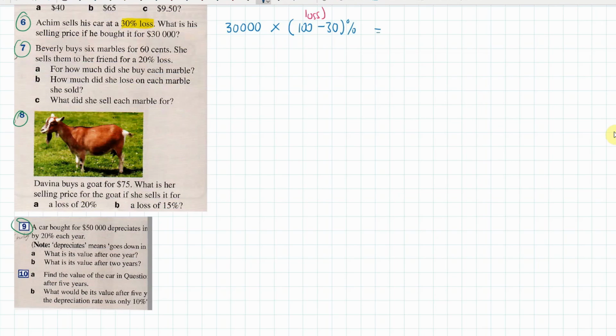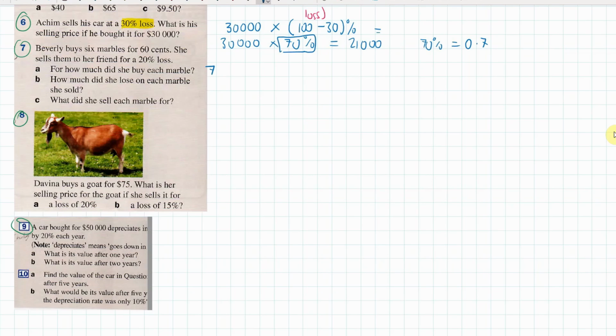And this will give us 30,000 times 70%, equals, now another way of writing that, of course, is timesing it by 0.7. So we could write this as 70% equals 0.7. Okay.